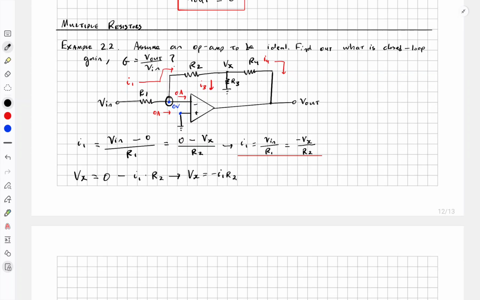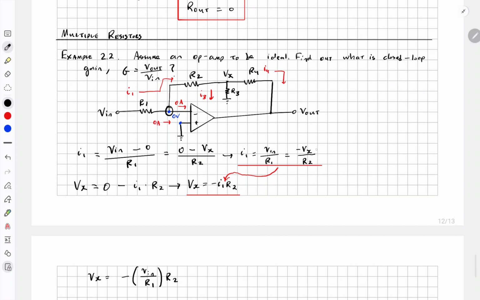So we can take this equation. There's two equations. We plug in I1 is equal to V in divided by R1. We take that and we plug it in here. So we say that Vx is equal to negative I1, so that's V in divided by R1, times R2.